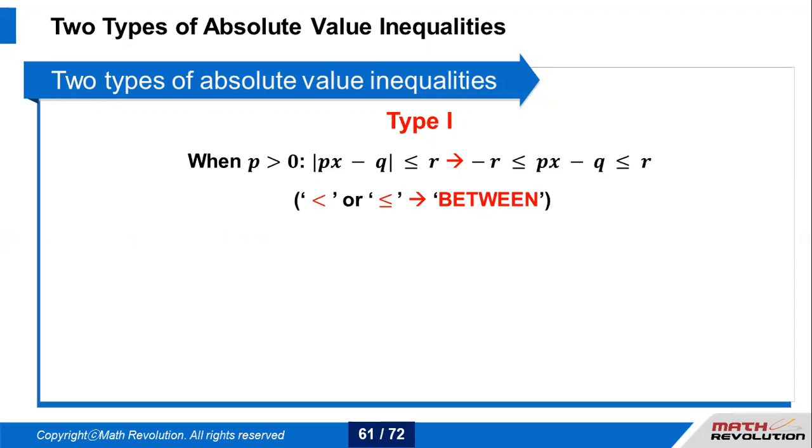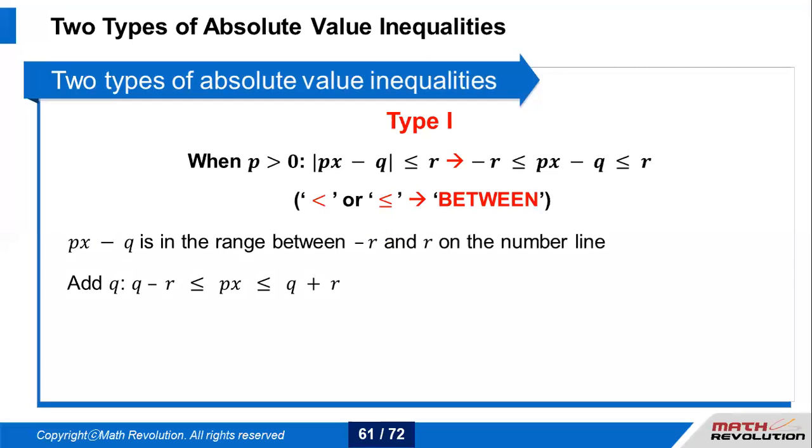If we see such an expression, where p is greater than 0 and the modulus of px minus q is less than or equal to some r, then this inequality is always in between. So how do we actually break it or write it? As minus r is less than or equal to px minus q, which is less than or equal to r.